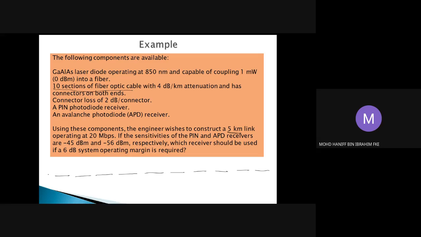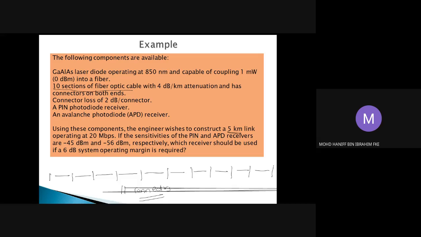We have connectors on both ends. So we have one connector here, 1, 2, 3, 4, 5, 6, 7, 8, 9, 10, 11 connectors. Basically, for these 10 sections of fiber optic cable, we have 11 connectors that need to be used in our system.